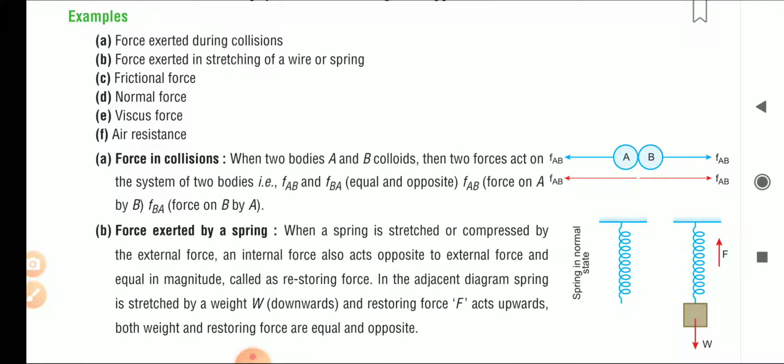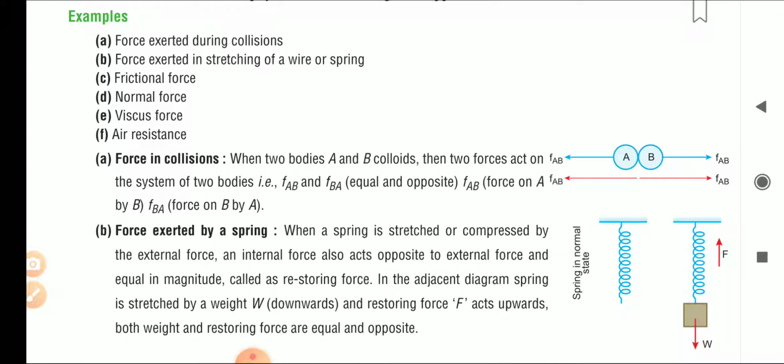Force in collision: when two bodies A and B collide, then two forces act on the system of two bodies, FAB and FBA, equal and opposite. FAB is the force on A by B, and FBA is the force on B by A. You should know these things. The first letter denotes the first object and the second letter denotes the second object.